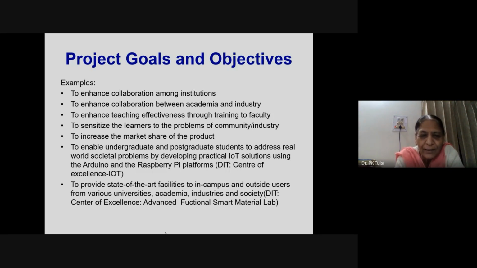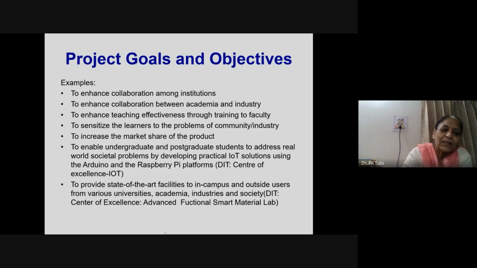So one can think of increasing the market share, maybe of the industry, or enabling undergraduate and postgraduate students to address real-world societal problems by developing practical Internet of Things solutions using the Arduino and Raspberry Pi platform. I've taken this from Dehradun Institute of Technology, where they have established a center of excellence for Internet of Things.